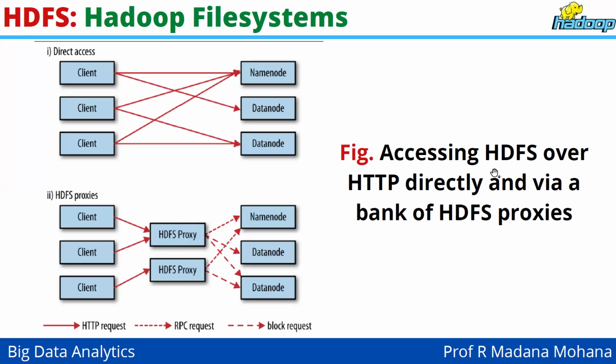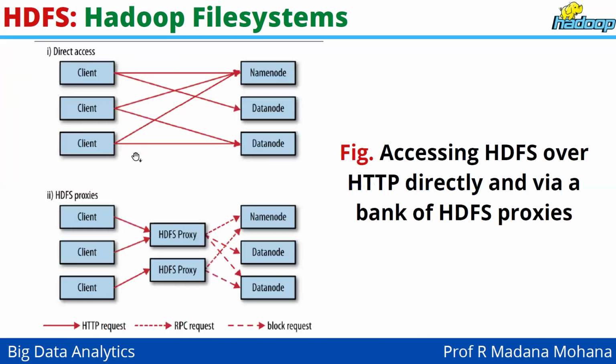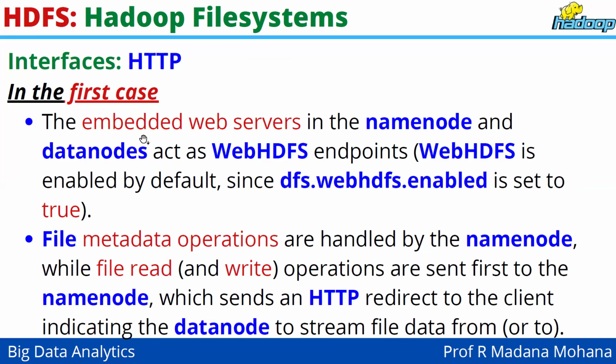So finally, this figure shows accessing HDFS over HTTP directly and via a bank of HDFS proxies. In the first case, that is direct access, the embedded web servers in the name node and data nodes act as WebHDFS endpoints.